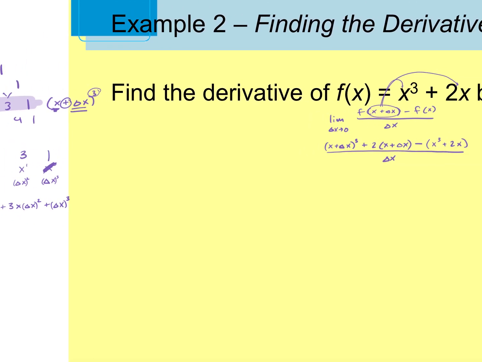So this is just the first binomial cubed, simplified. So we have x cubed plus 3x squared dx plus 3x dx squared plus dx cubed.